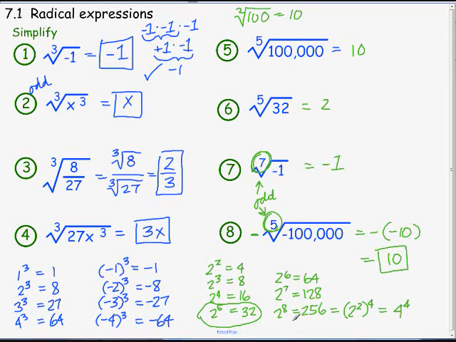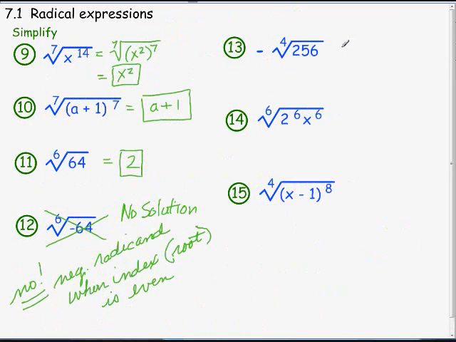See how handy this little table is? So I saw the 256 and I thought, I've seen that before. But in this case, I wanted the fourth root of 256, which would be 4. So I don't want the principal root now, I want the negative 4.